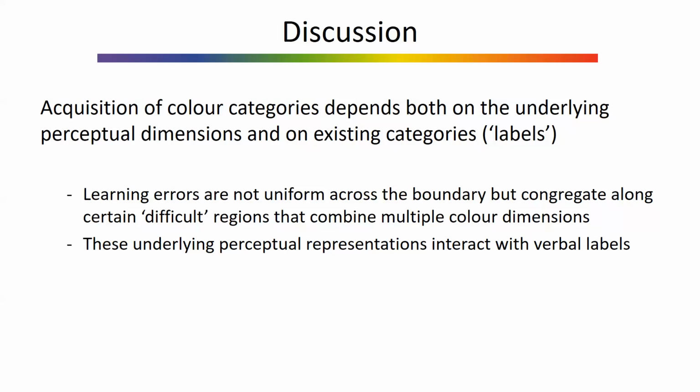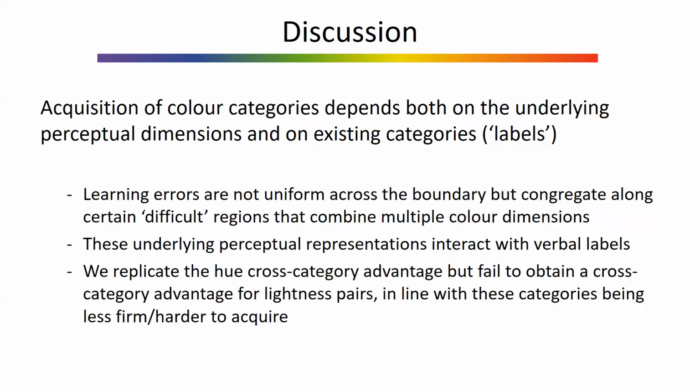And this has some subtle effects on the perception of blue and green, depending on at which lightness level they are presented. So that's quite interesting, as it seems that how we attend to these labels shapes how we attend to certain important aspects of the perceptual space that we are given to work with.